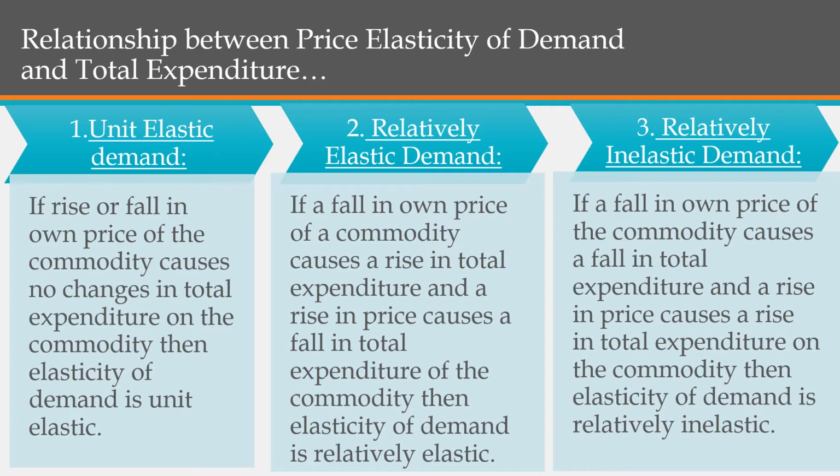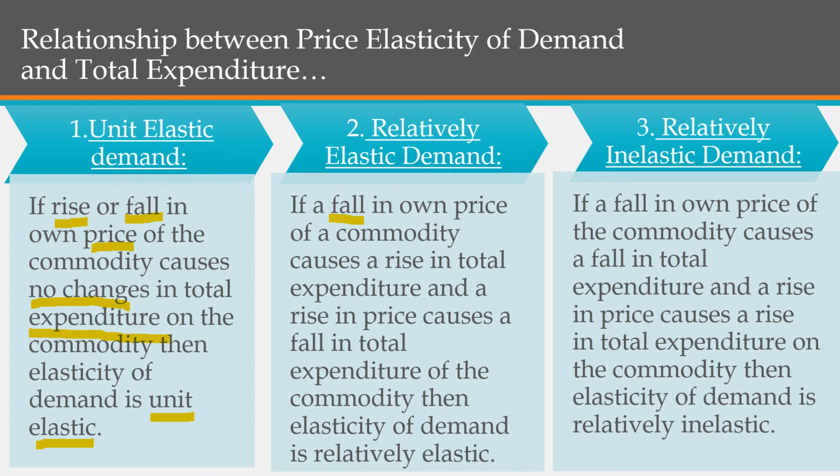So here we have the first one, unit elastic demand. If a rise or fall in own price of the commodity causes no changes in total expenditure on the commodity, then elasticity of demand is unit elastic. The second type, relatively elastic demand.